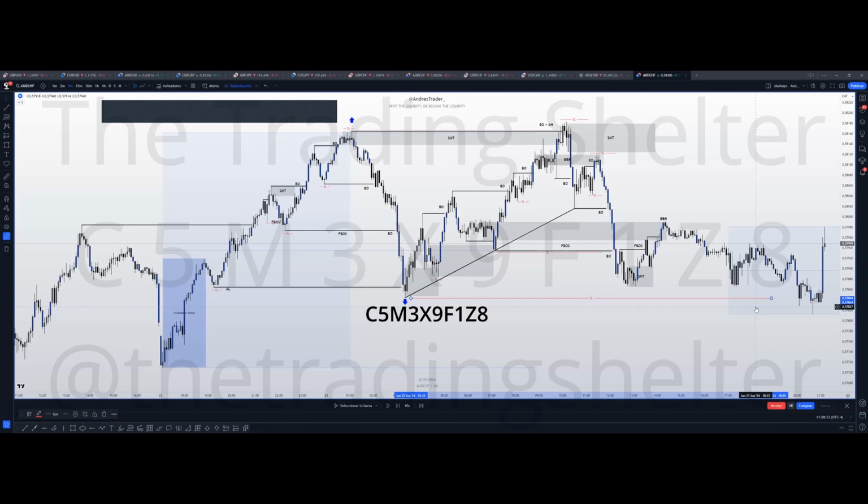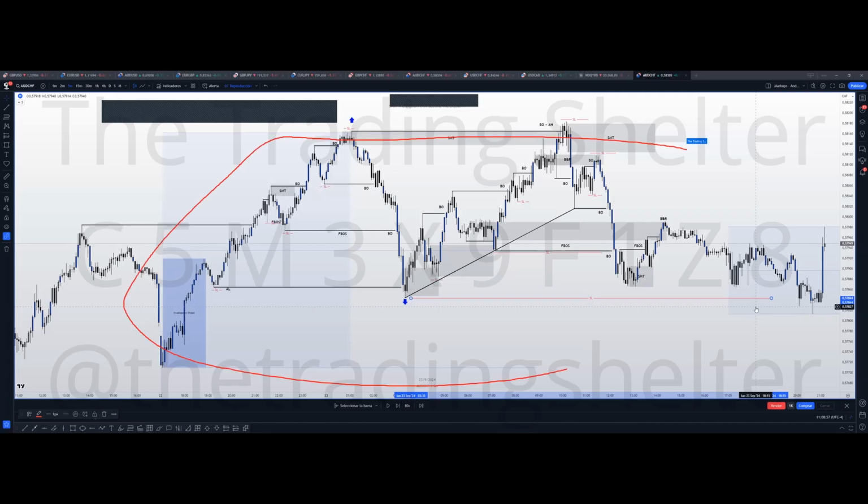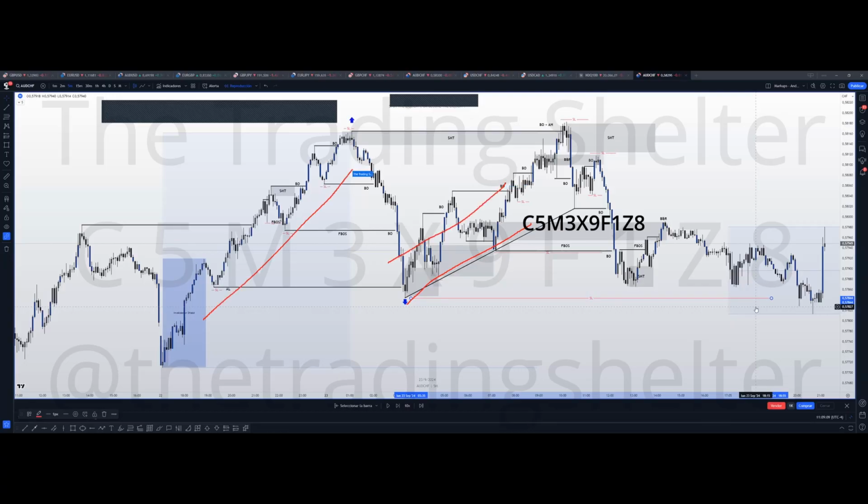Now, a lot of people think, okay, we do all this, this is freaking cute, but where would I trade? Your goal is to identify where we have multiple one-side liquidity, and when the previous liquidity on the opposite side is taken.